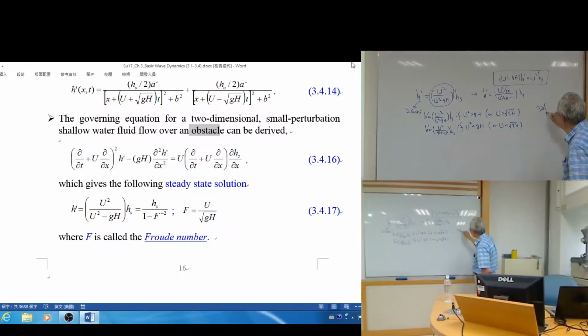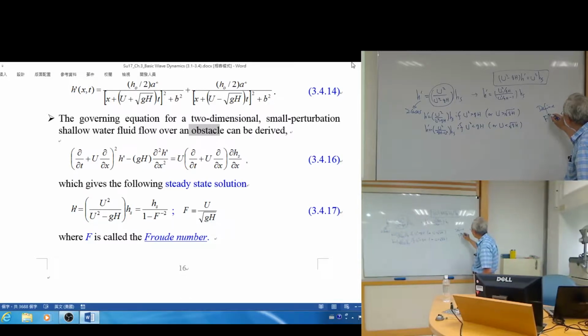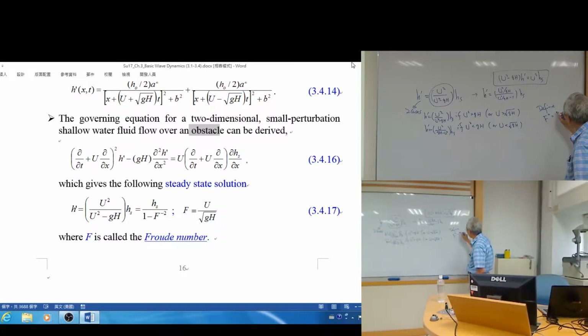Okay, so now if we define a number equal to u squared over gh, that means F will be equal to u divided by the square root of gh. Right.